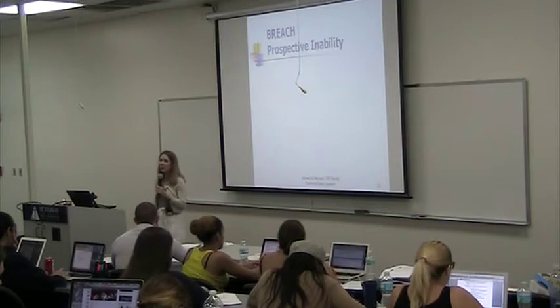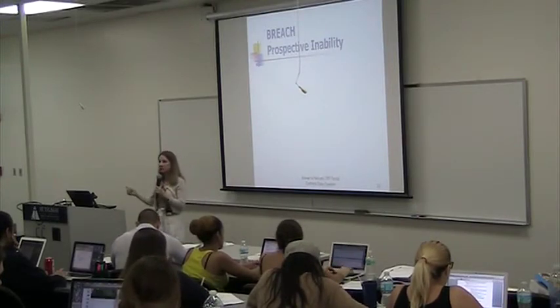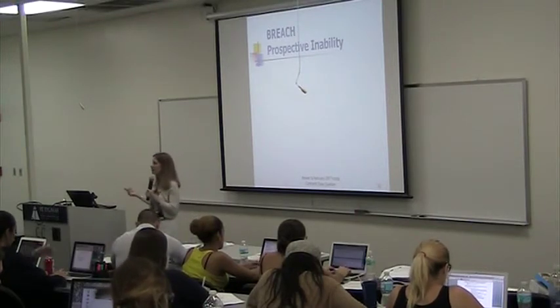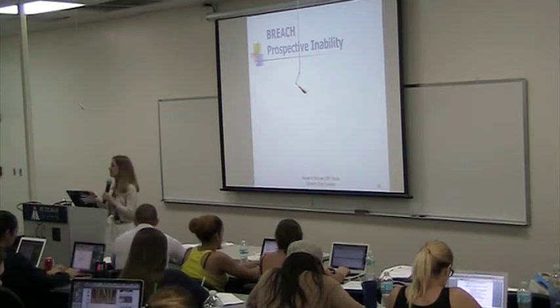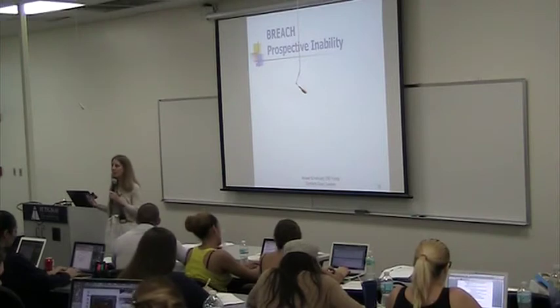What we need for prospective inability, again, is first of all, a contract that's executory as to the non-breaching party, which would be Ann, Beth, and Carl here. And on the part of the breaching party, some sort of equivocation, a soft, yeah, maybe I won't perform.